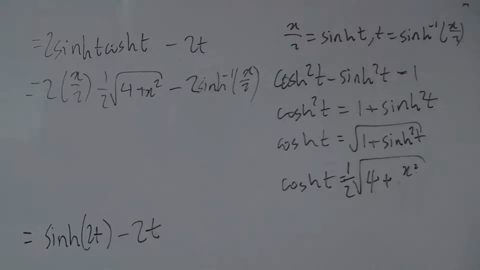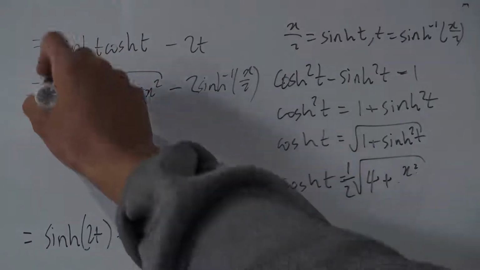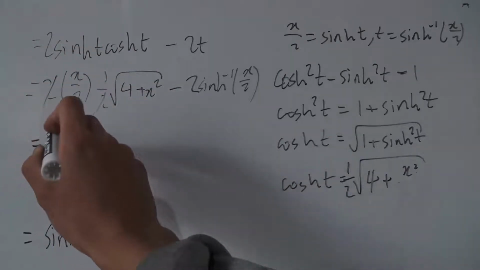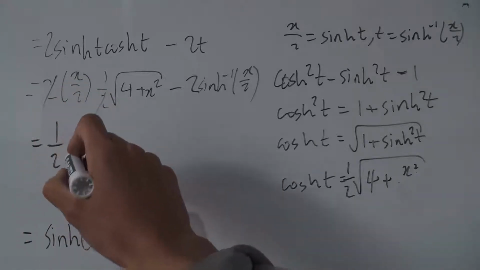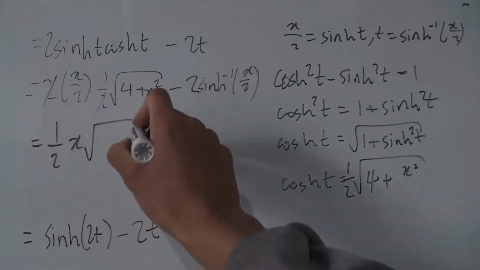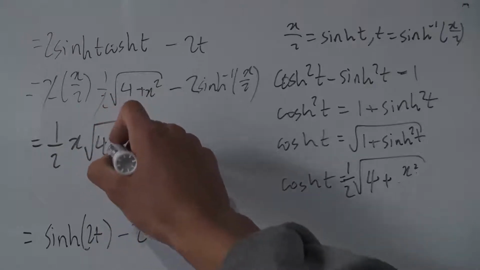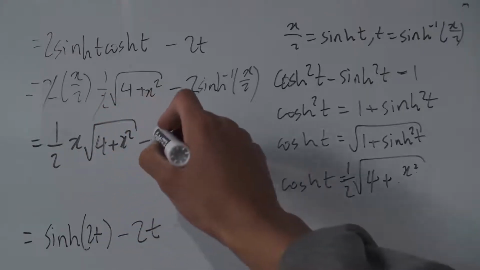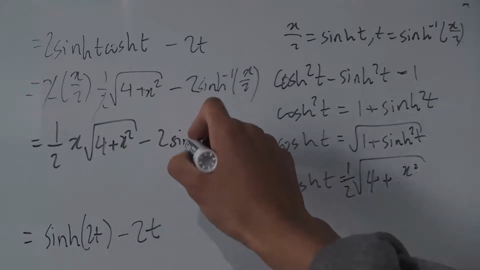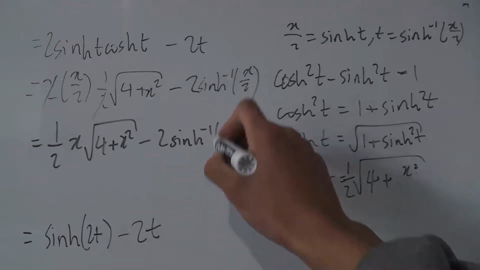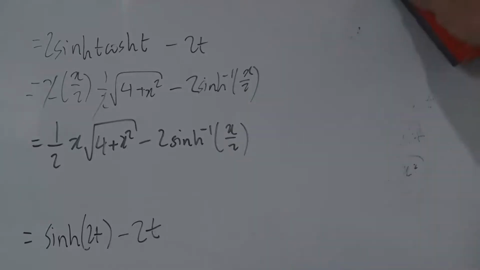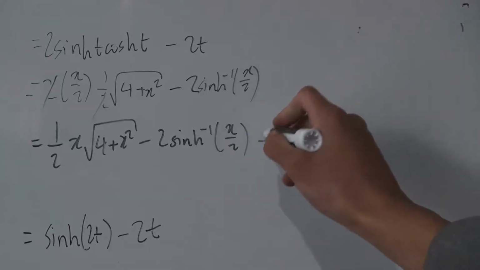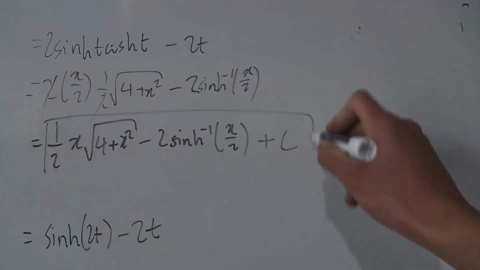And I can just clean things up a bit. 2 and 2 here cancel, and we're just going to be left with, I'll write it like this, 1/2 x times the square root of 4 plus x squared minus 2 times the inverse sinh of x on 2. And we are done, so we can just put down a plus c. And there we go, that's the answer.